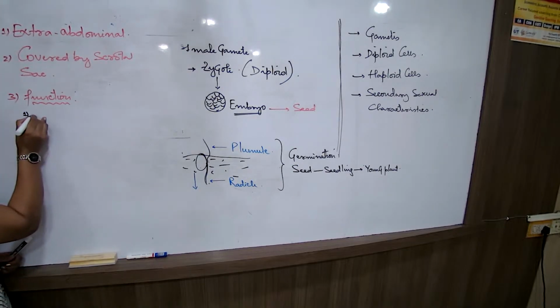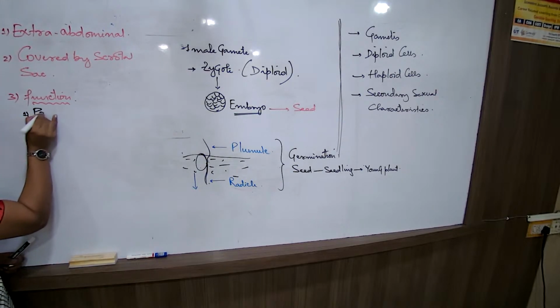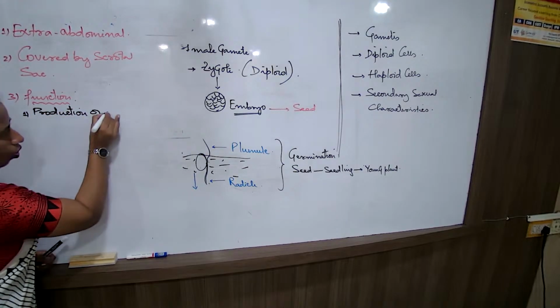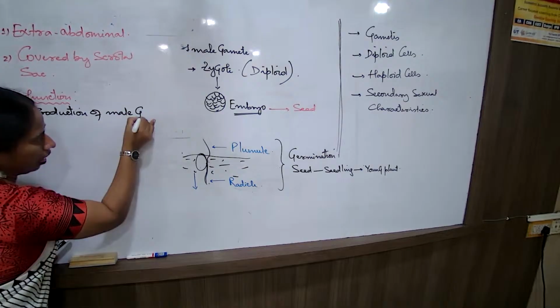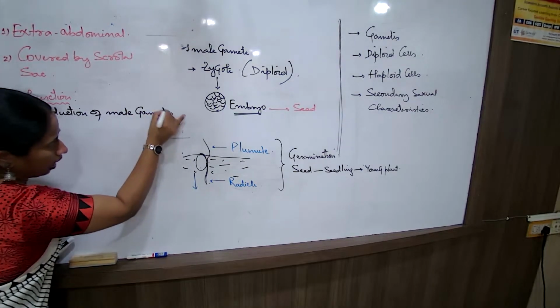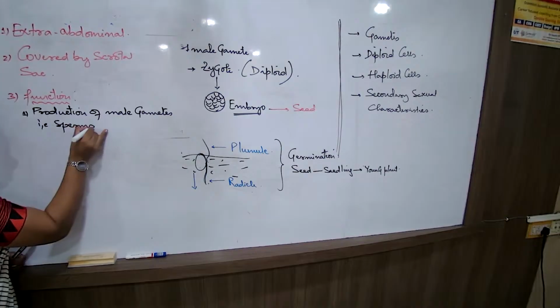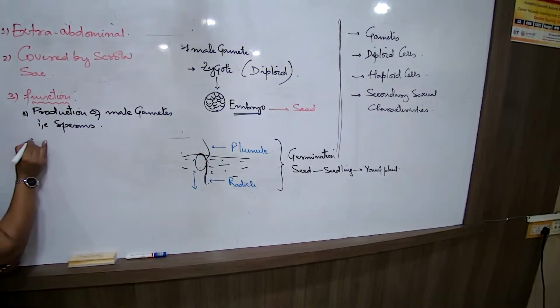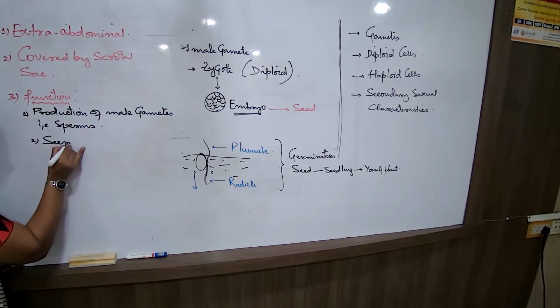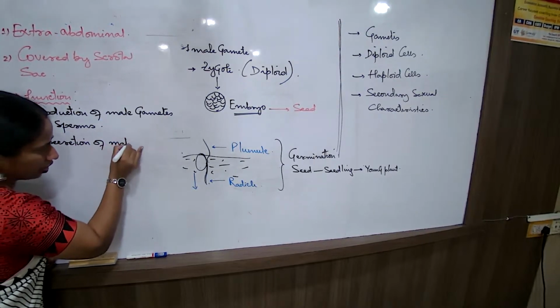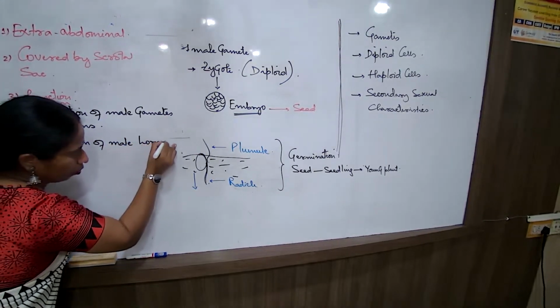Number one, production of the male gametes, formation of the male gametes. And what are the male gametes known as? The male gametes are known as the sperms. Second, secretion of the male hormones.